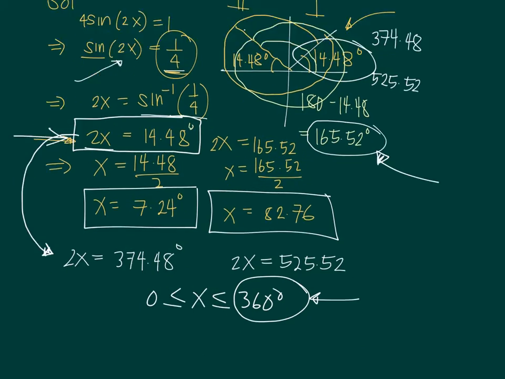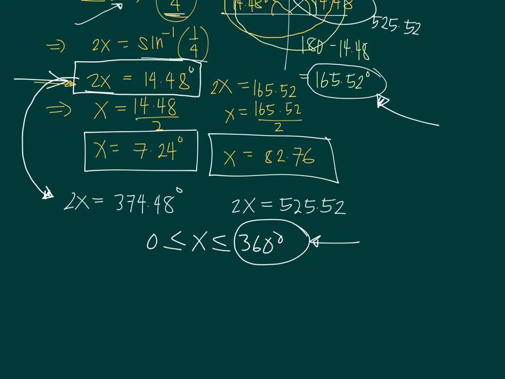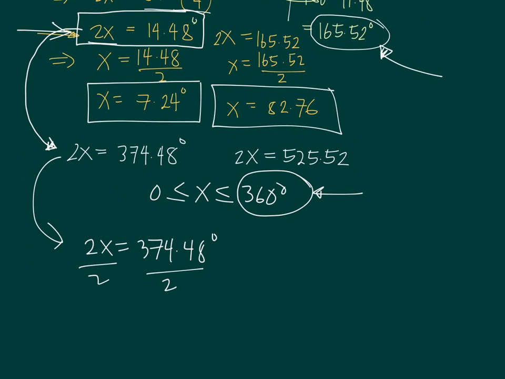Okay, so to continue, we now have 2x equals 374.48, and then we divide by 2. So x equals 374.48 divided by 2, and that should give you 187.24.